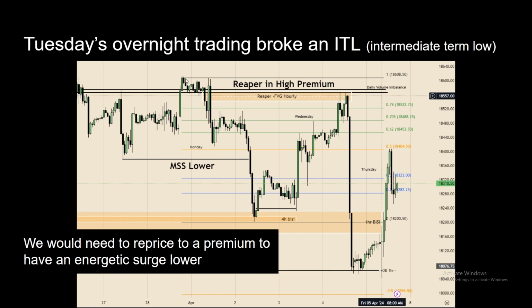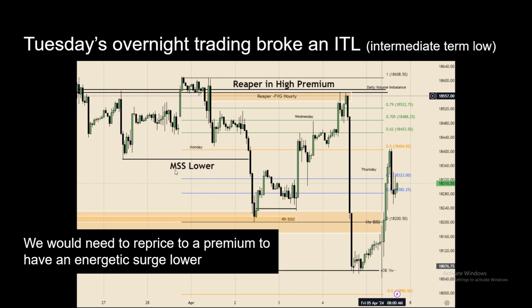So here's that fib I drew. The top is right here, the bottom's right here of the energetic price move down. See 50% is pretty much exactly where price left off of and just barely touched before again finding more support on the way down. I just thought it was really interesting to see this.